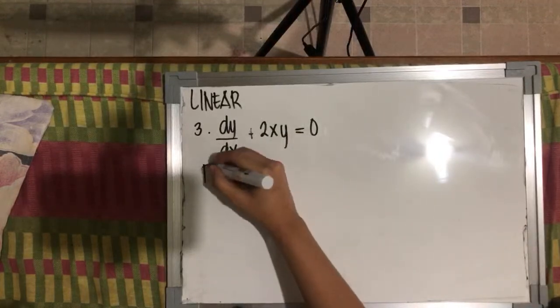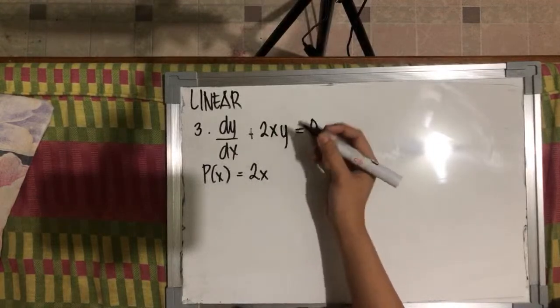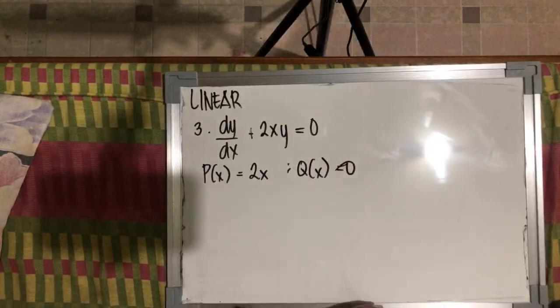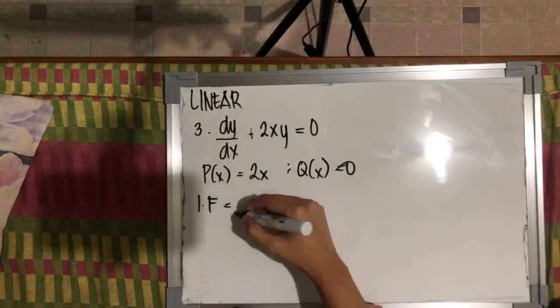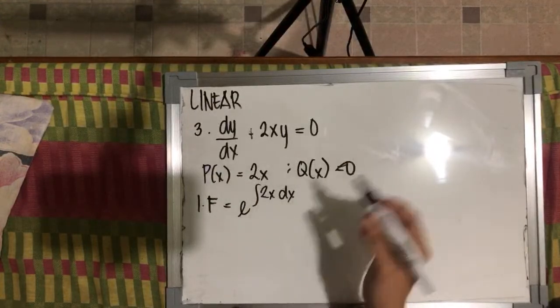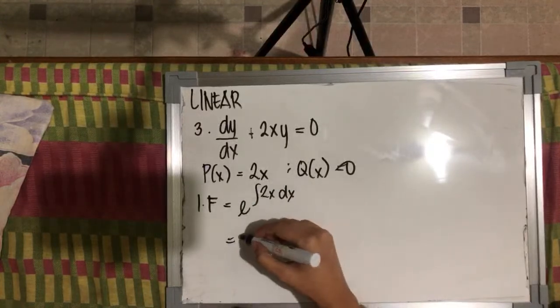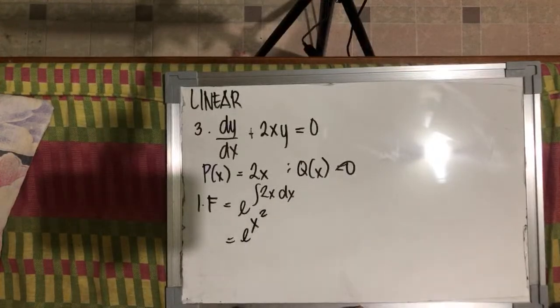So, our p of x here is 2x, and our q of x here is 0. So, your integrating factor is e raised to the integral of 2x dx, and it becomes e raised to x squared.